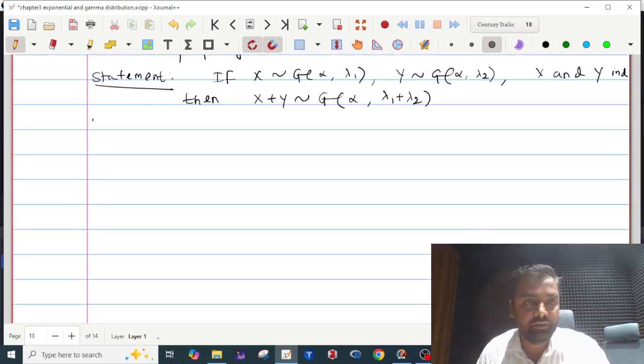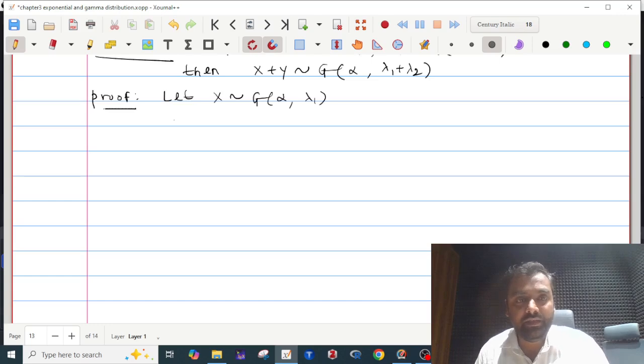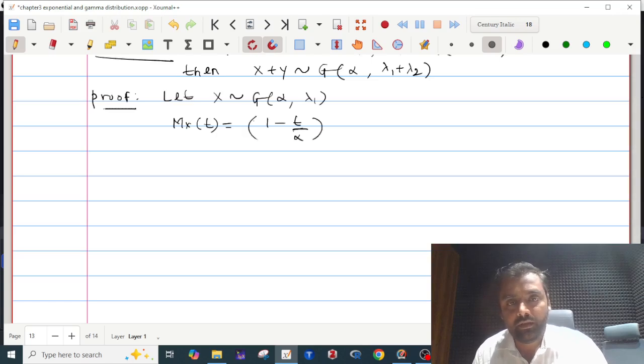Let's see its proof. Let X follow gamma distribution with parameter alpha, lambda 1. Then its MGF is (1 minus t upon lambda 1) to the power minus alpha.